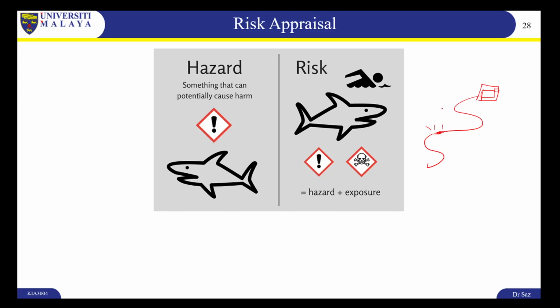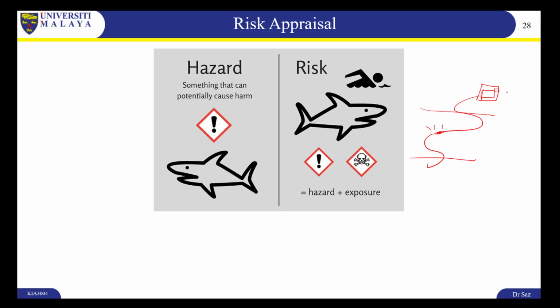Now, if this were in the middle of the road where people walk all the time, this would be a risk, a very high risk. It is also a hazard and it is also a risk. But if it were to be, for example, in the basement where nobody walks there, it would be a hazard, but the hazard would have a very low risk.